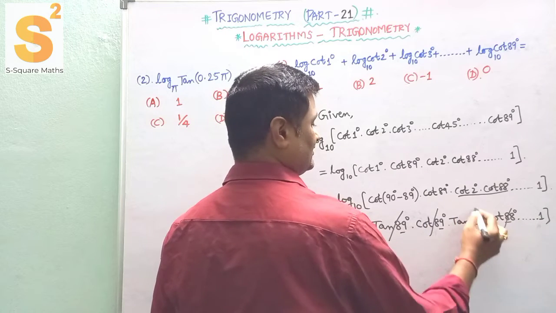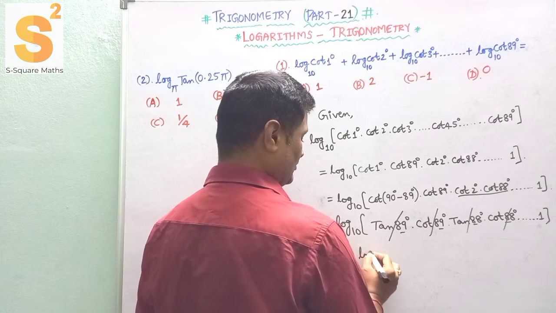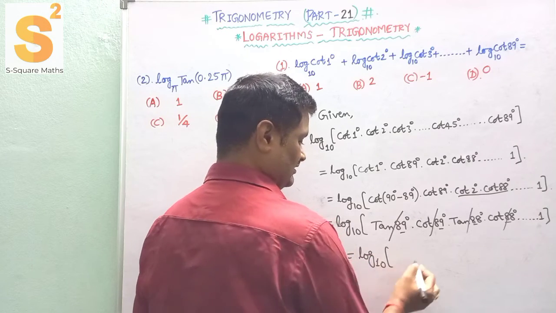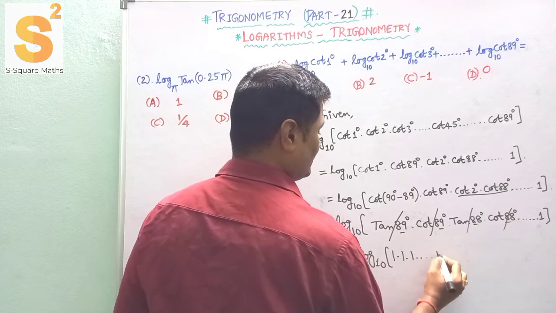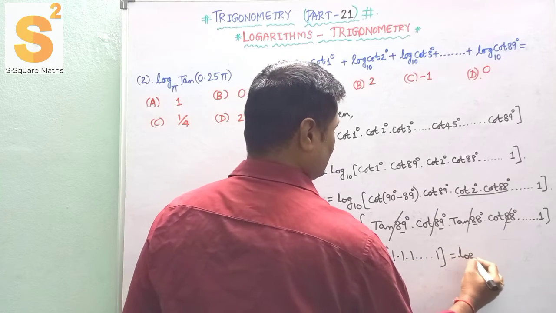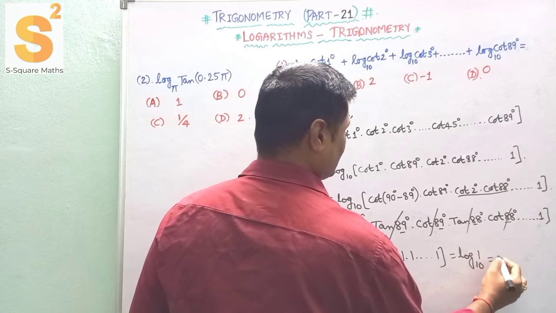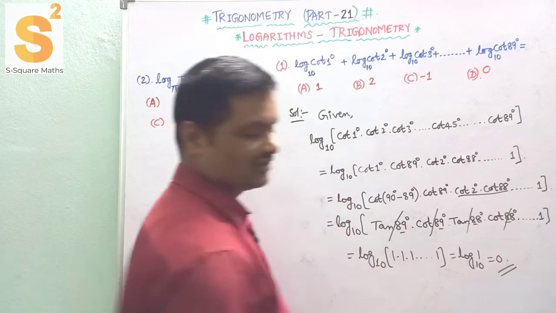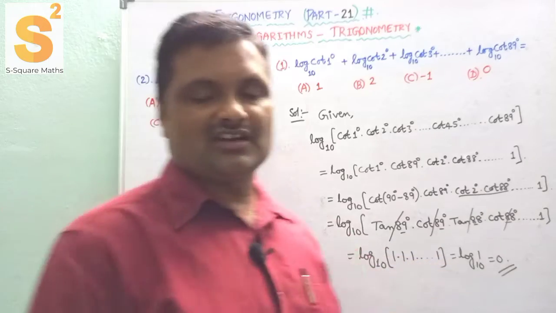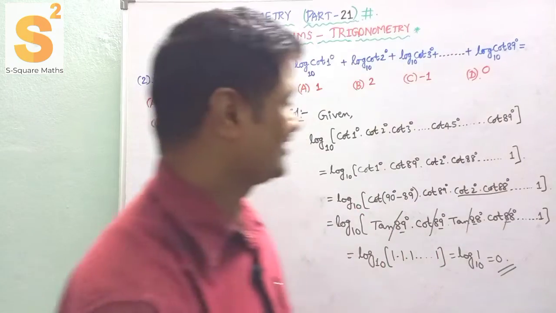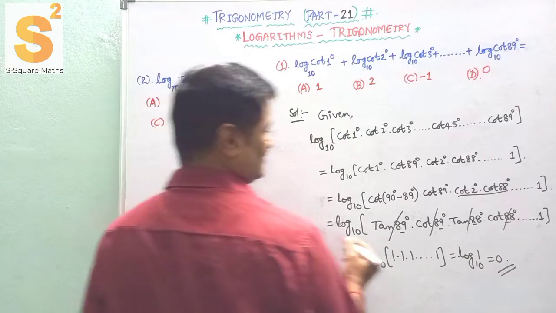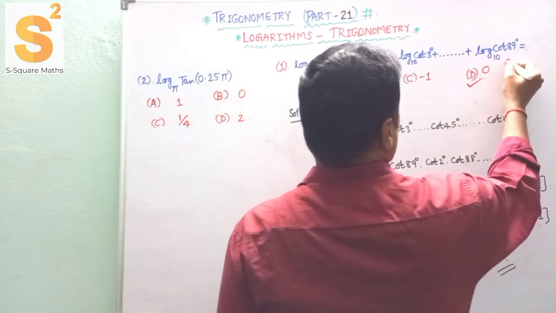So finally log to the base 10 of 1 into 1 into 1 into so on 1, which is nothing but log 1 to the base 10, and that is 0. We know that according to the concept of logarithms, by applying a property, finally the option is 0, nothing but D option.